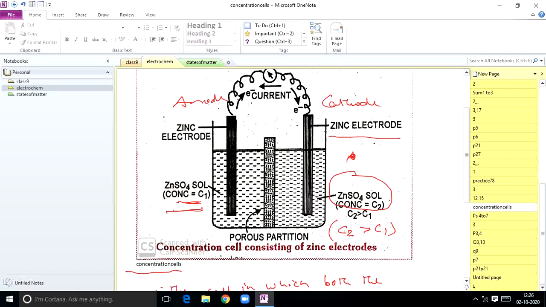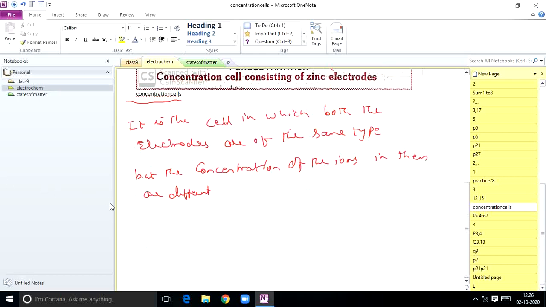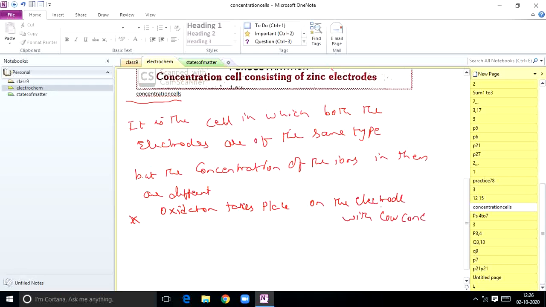Two points are very, very important here. What points you have to remember? In this type, oxidation takes place on the electrode with low concentration, and that electrode always acts as anode.